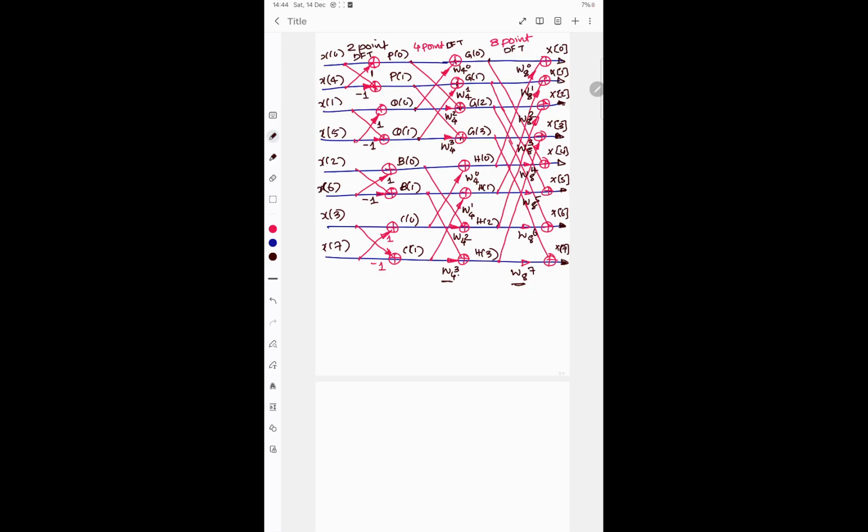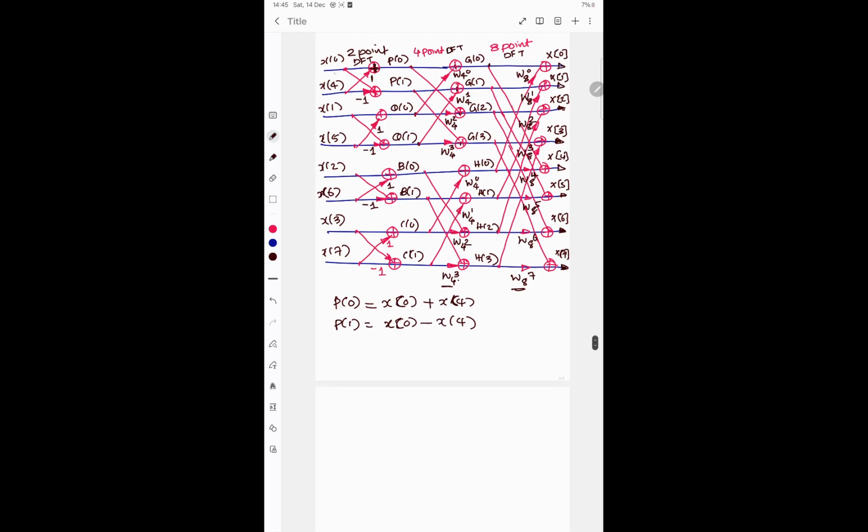Now let us try to find the value of P0. The P0 is exactly at this particular node. To get P0, x0 and x4 are added. The coefficient is 1, so it is nothing but x0 plus x4.